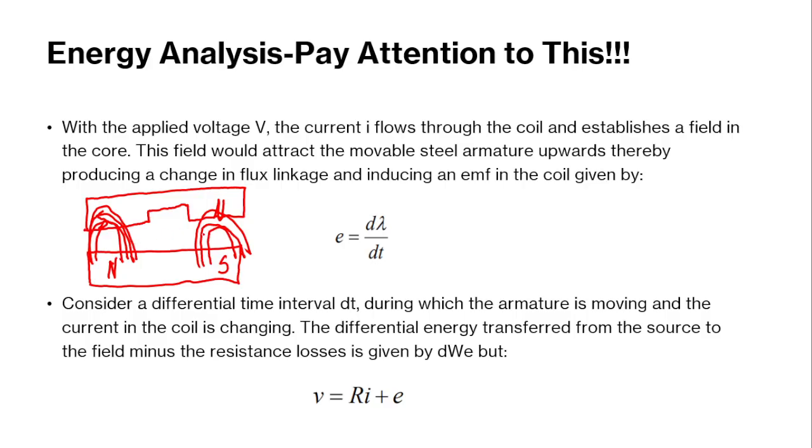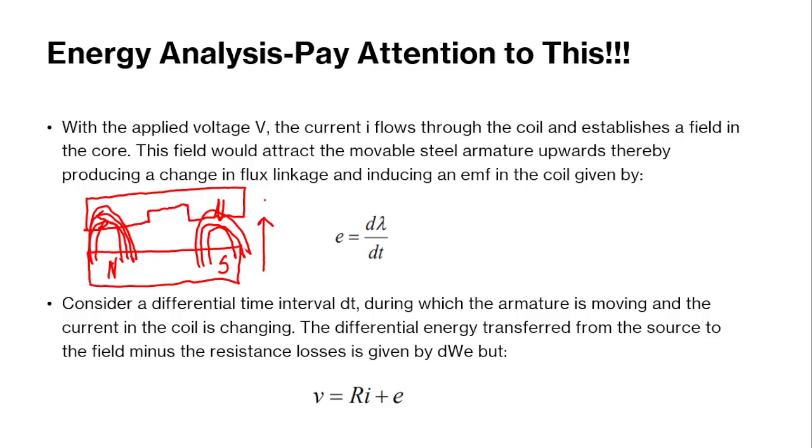Initially you have a big air gap, obviously. So the amount of flux linking with this north pole and the south pole here for each end will be low, because the air gap will be at its largest value. But as this contact starts to move upwards, the air gap will reduce.